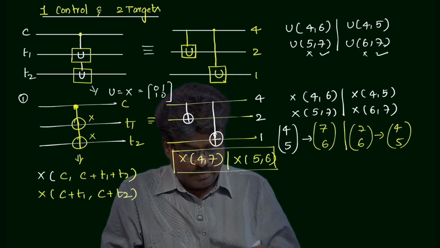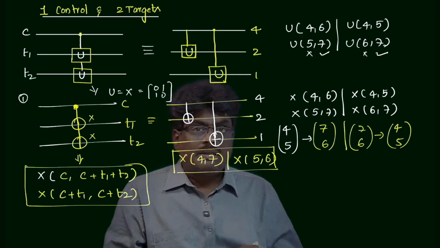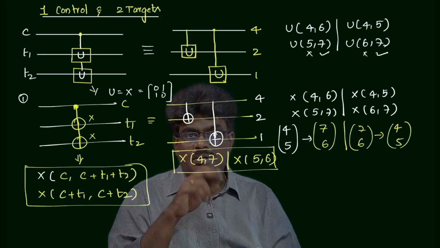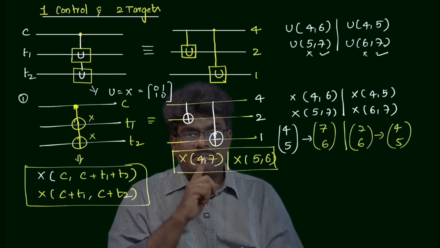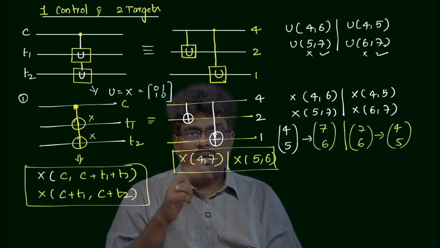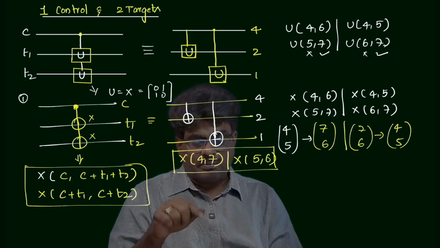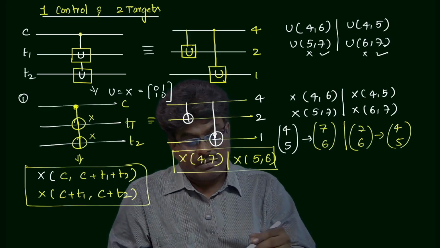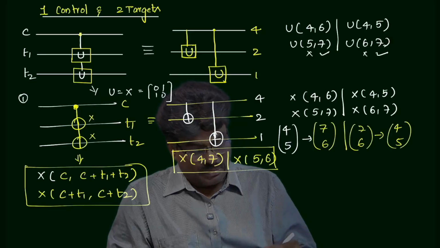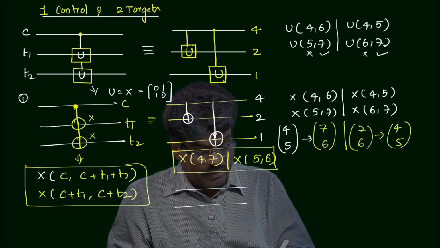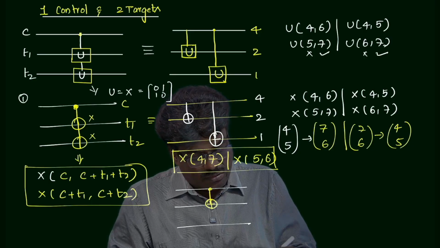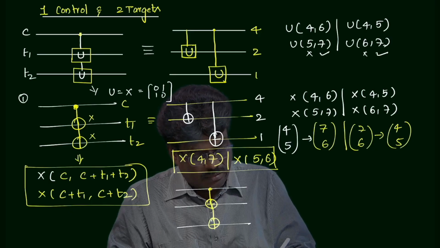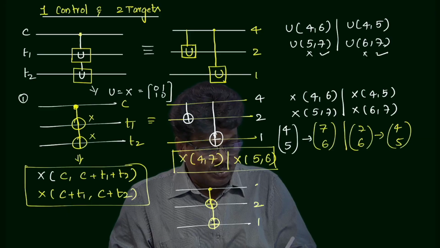Wait a minute. This is a direct operation, and it is possible only when u equal to x. For example, if you have two S gates or T gates, it is not possible. This is only for u equal to x. Still not understanding? Wait a minute. For example, I have like this. Once again I am taking two x gates here and one control. So 1, 2, 4.